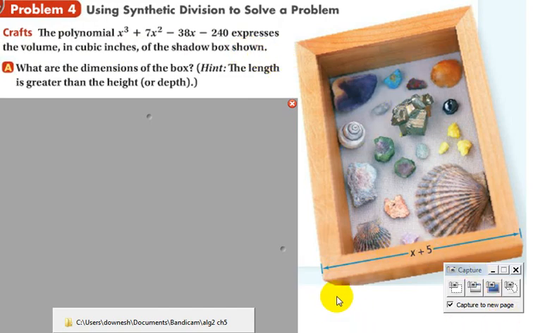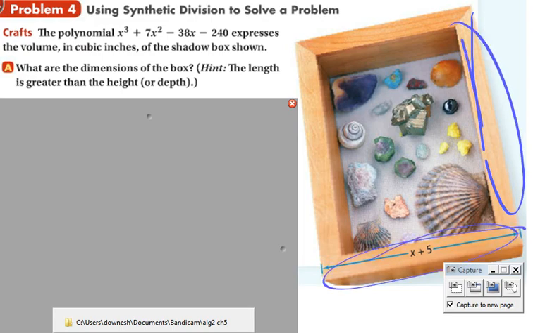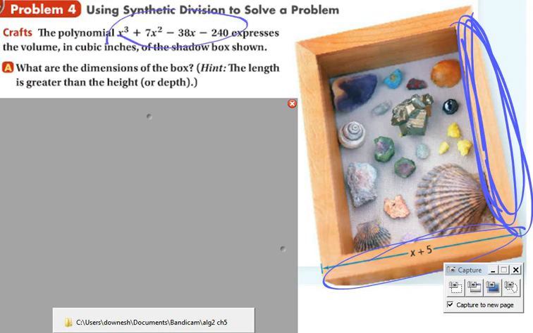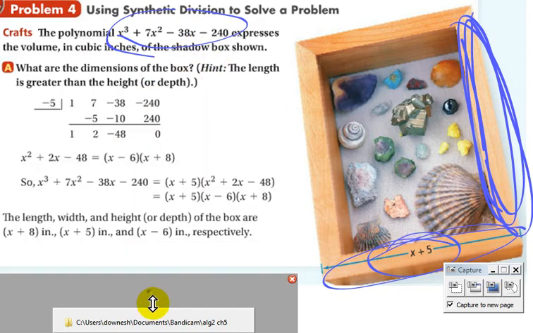Well, look, they want to know what's the dimensions. They've already given us the length. We need the height. So you're just going to divide this polynomial by x plus 5, whatever method you want to use. And then that's all there is to it.